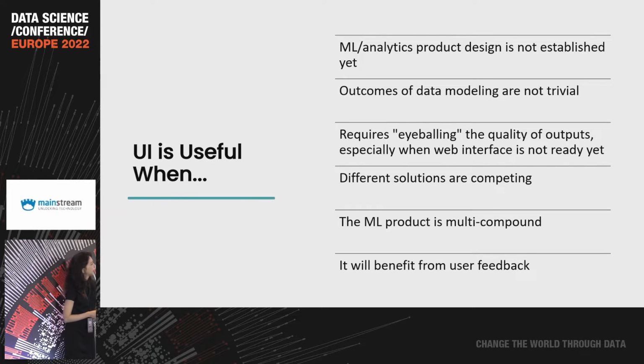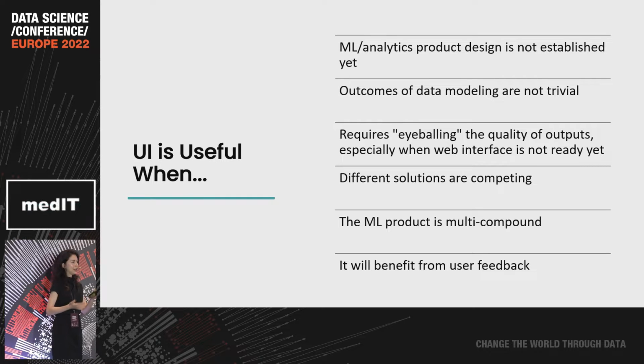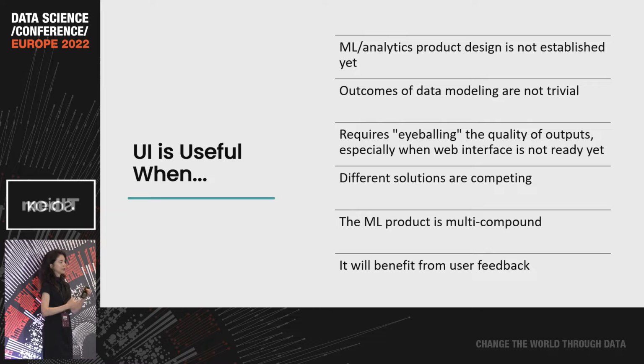The first one is when machine learning analytics product design is not established yet. So, say the product manager gave you data and told you, we never explored this data, please do something with it. And you build prototypes, but the next step after building charts and graphs, especially when your model requires user input, would be building UI.